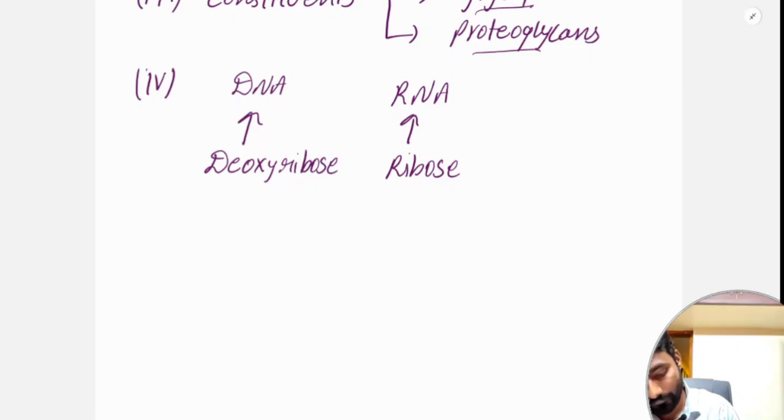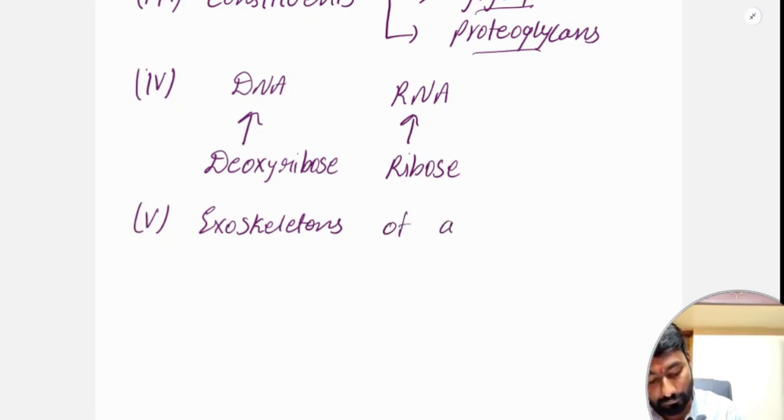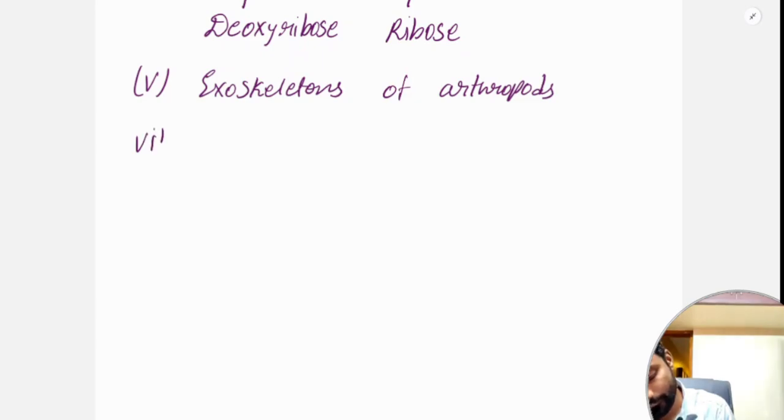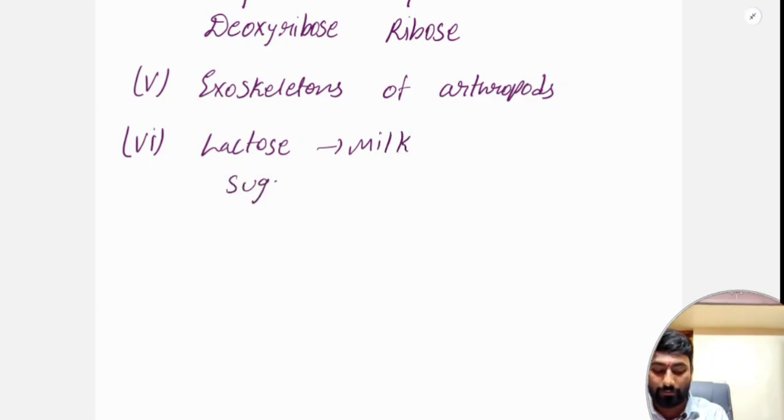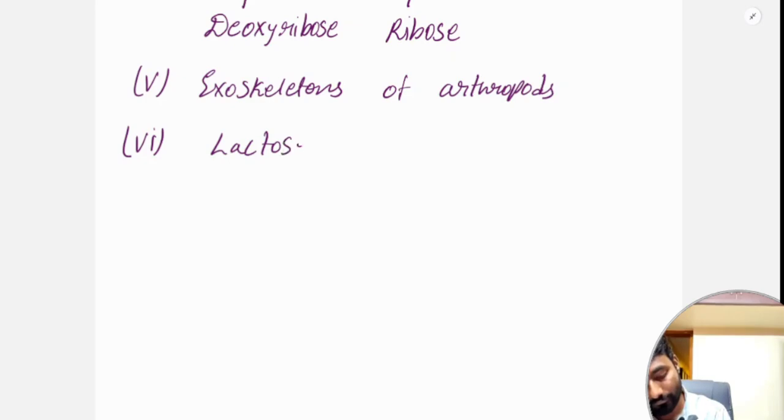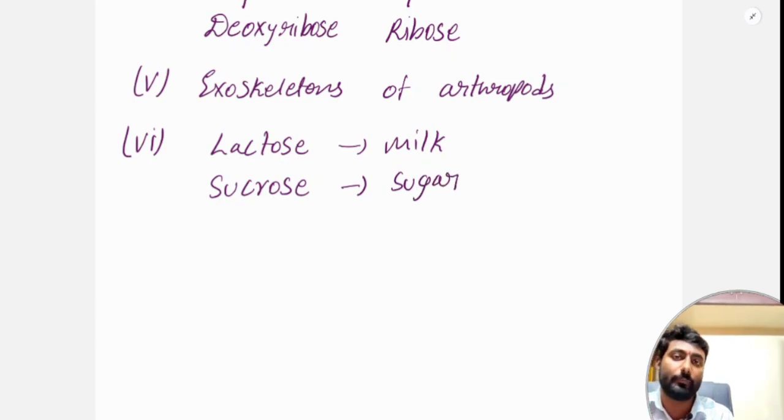Now, the exoskeletons of arthropods are carbohydrates, and you are daily using things like lactose of milk and sucrose, which is present in sugar. These are carbohydrates.